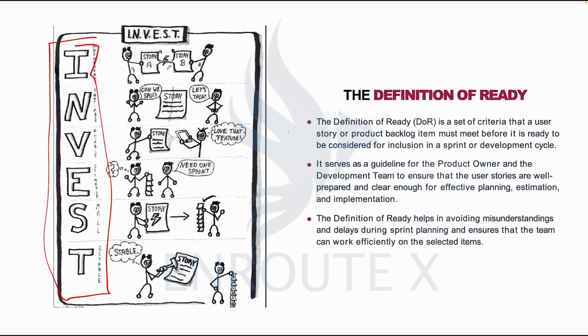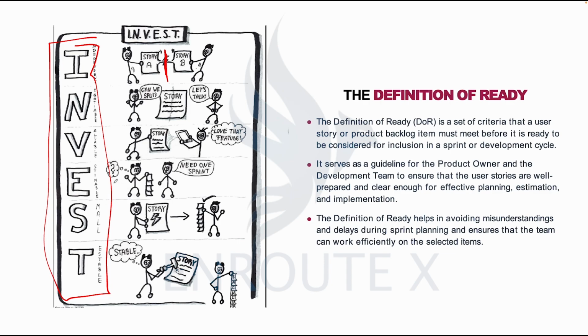We know what they mean. I stands for independence, meaning each story standing on its own. N stands for negotiation, that discussion that happens on the story. V stands for valuable, what tangibility is that story giving us.